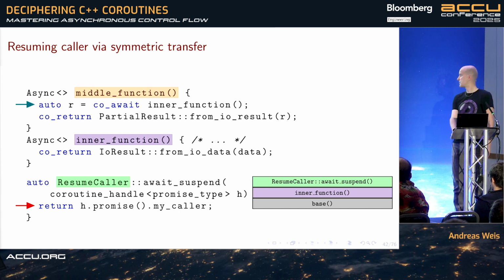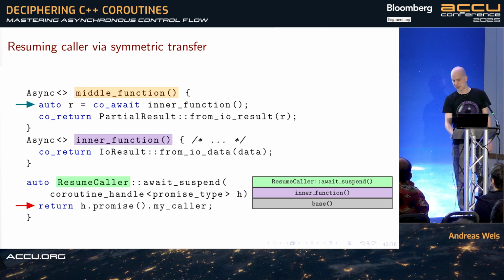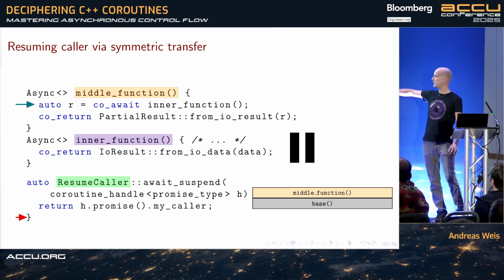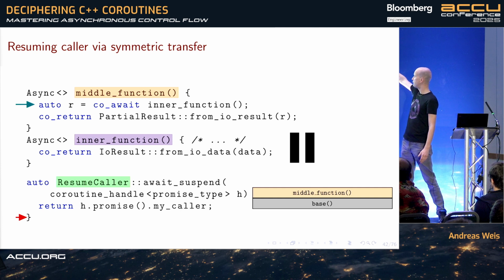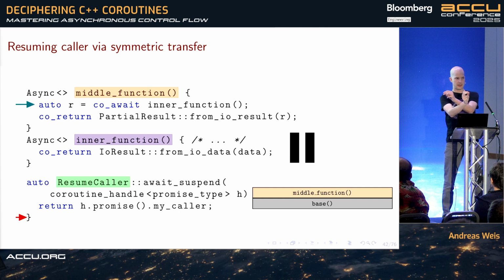And here now the interesting thing happens, right? Until now, this is just a normal call stack down here. But what happens with the symmetric transfer is that the inner function goes away and the middle function takes its place, right? So control never goes back down here to the base. Those two functions switch places.